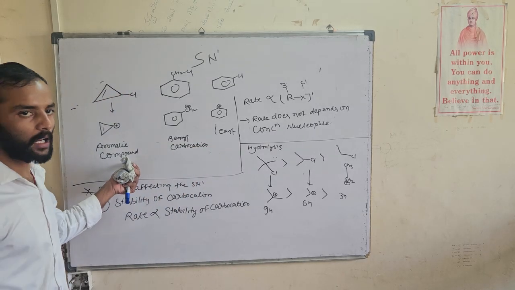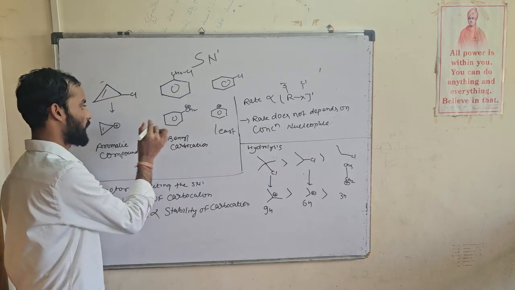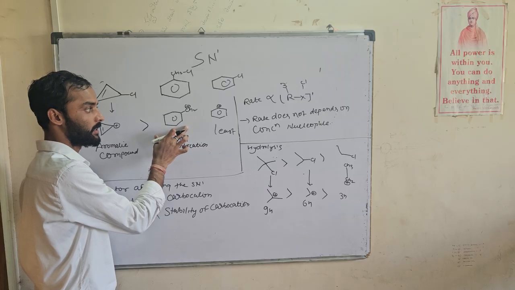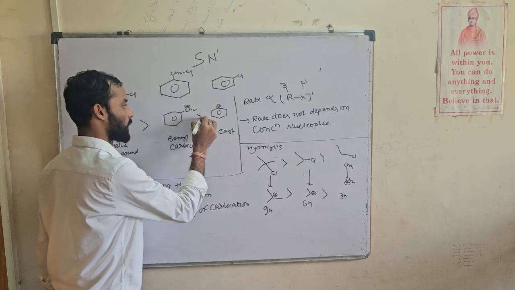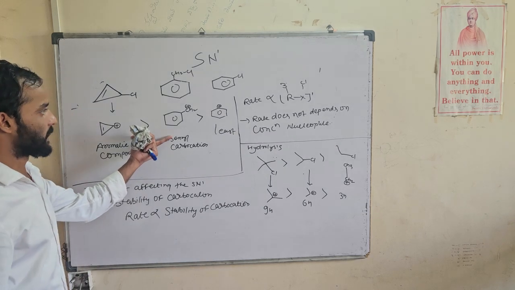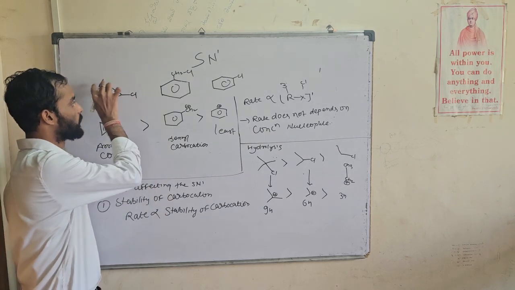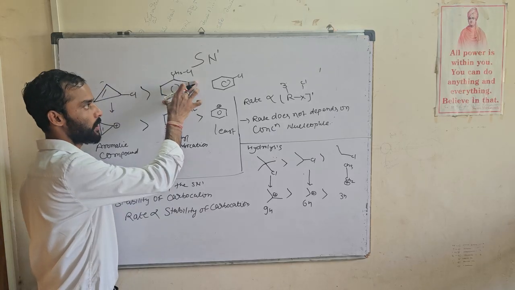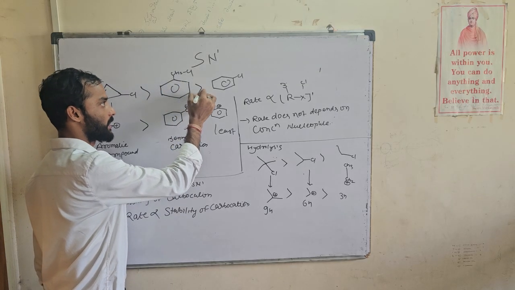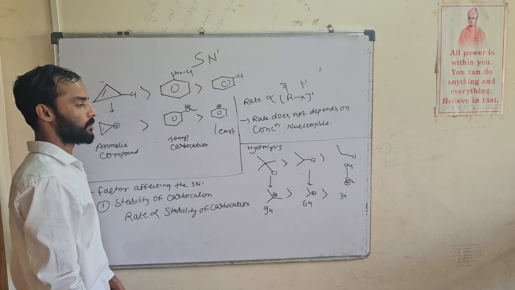Now the aromatic carbocation is more stable than the benzylic carbocation, and the benzylic carbocation is more stable than this arylic carbocation. By saying this, we can say that the hydrolysis of cyclopropene chloride will be more than benzyl chloride, and benzyl chloride has more rate than the aryl chloride.